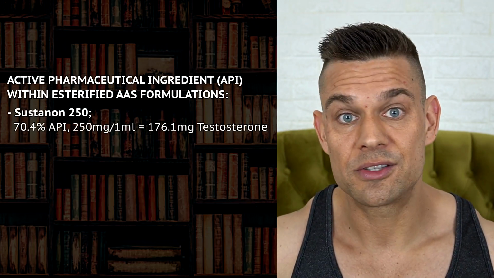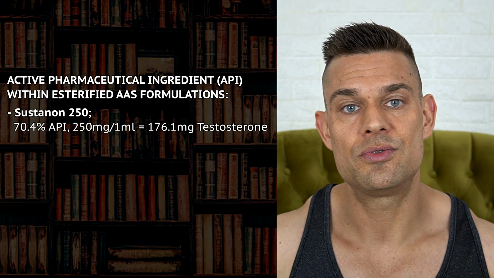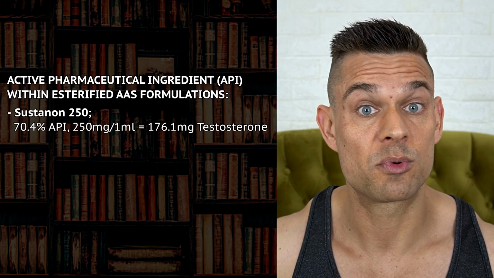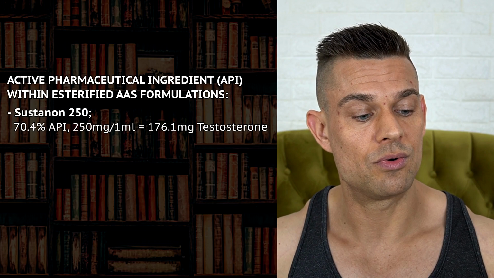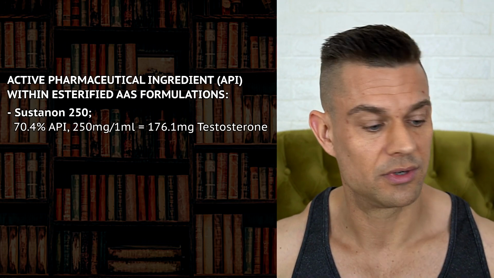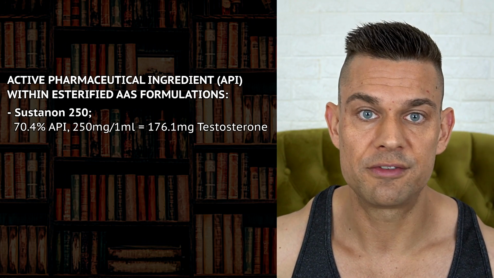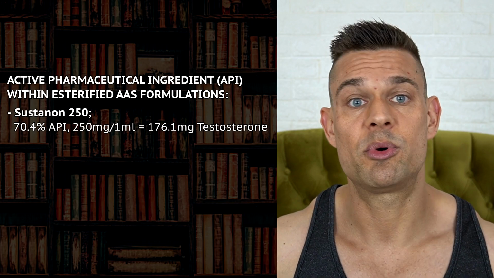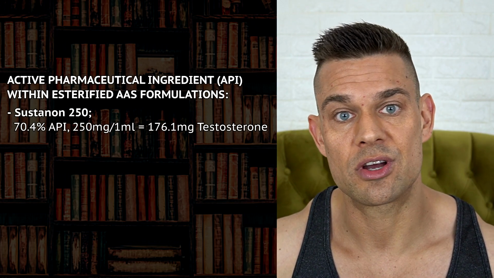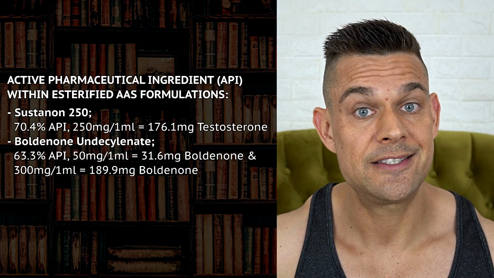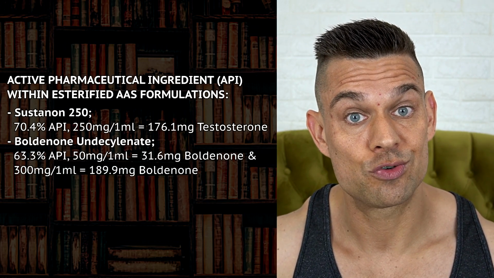So everything combined, the 4 different esters contained within Sustanon 250 will yield you, per 250 milligrams per 1 milliliter, 176.1 milligrams actual testosterone. So that's very comparable to 250 milligrams of testosterone enanthate, which will still give you 3.9 milligrams more testosterone per 1 milliliter. Boldenone undecylenate contains 63.3% actual boldenone.